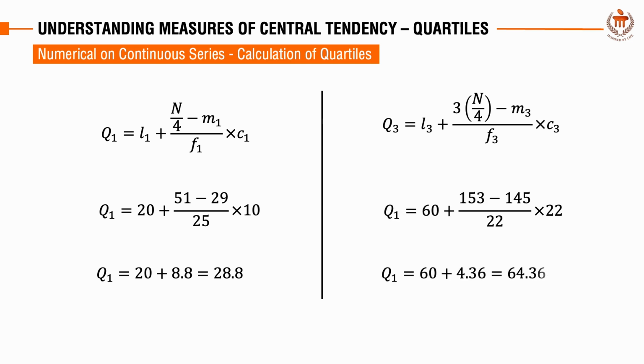Fine. So we just apply the formula: 60 plus 153 minus 145. What you will get is 8, right? 8 by 22 into 10.